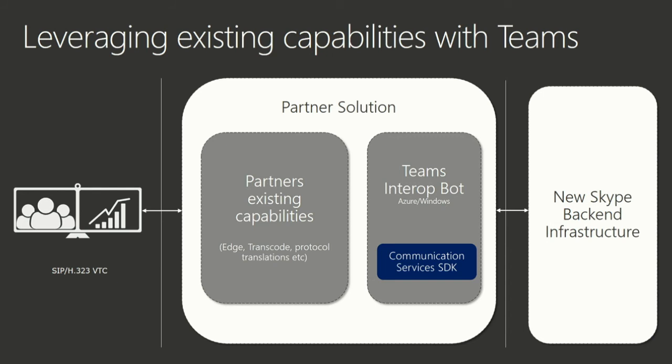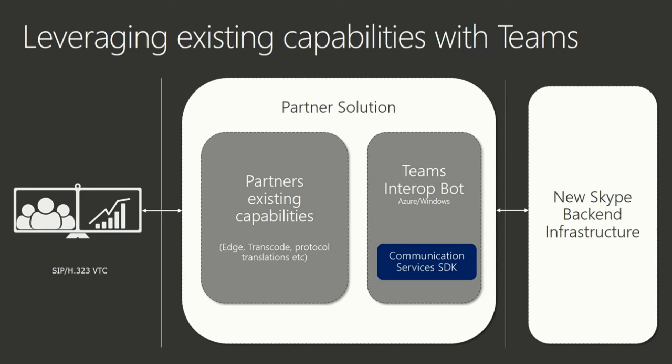On the other side, we are enabling the partner to develop a Teams interop bot that is Azure based, that uses the stack I just talked about in the previous slide, which is our communication services SDK, provided by Microsoft to our partners. These together are able to communicate to the new Skype backend infrastructure.